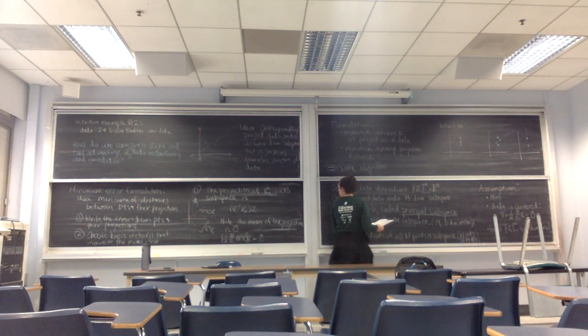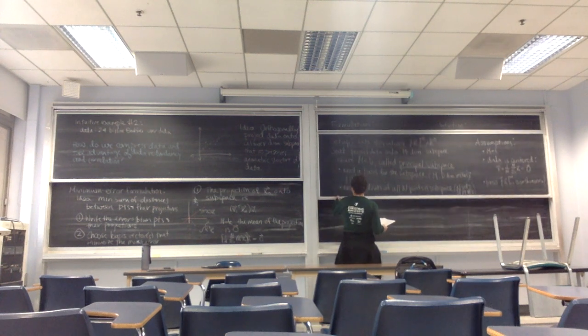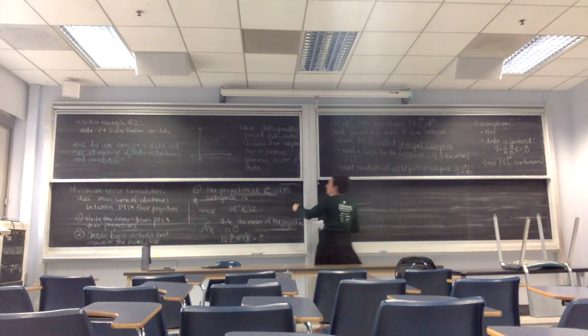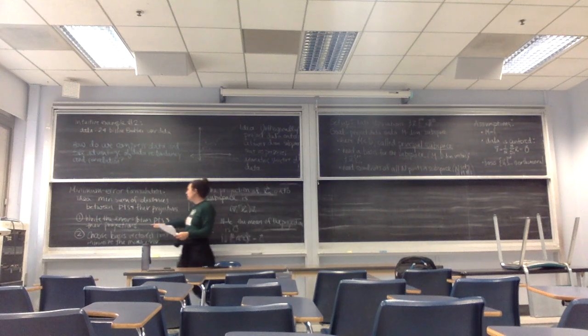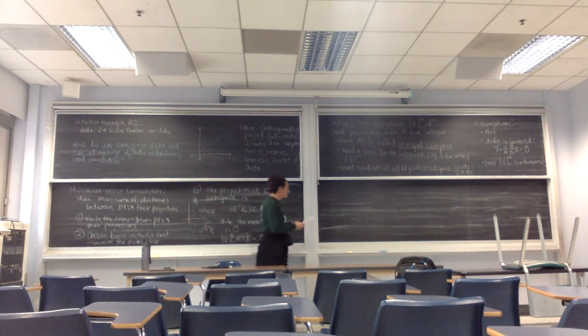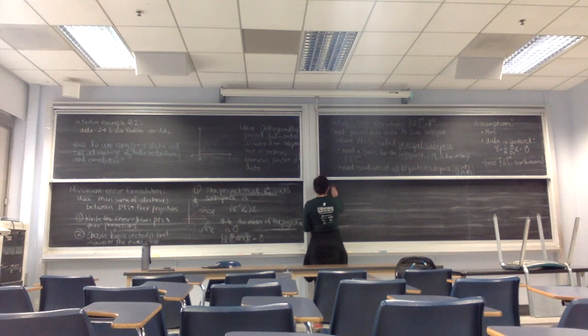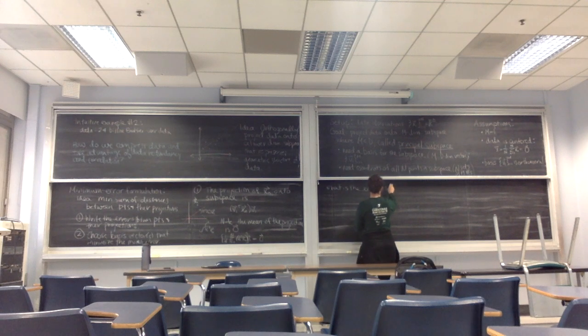Okay, so we're still wanting to work with the error between the points and their projections. We now have a good description of the projections of the points. So what is the error between points and their projections?